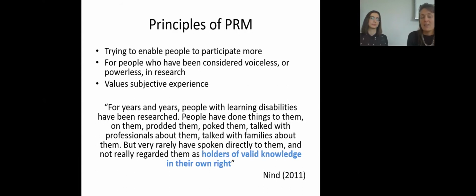And that last few words, holders of valid knowledge in their own right, is really the founding principle of participatory research methods. So it's understanding that knowledge comes from participants, and that knowledge is considered as valid, and so on.